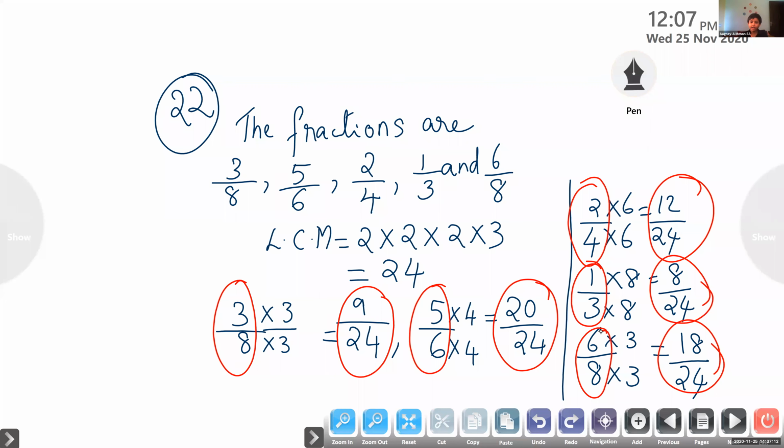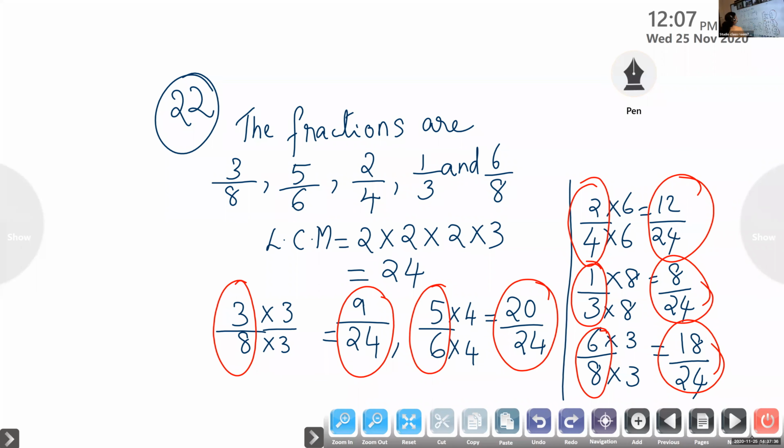Ma'am, should we write this first, 9 by 24, then 3 by 8? No. First we will start with the equivalent fractions, then we will go to the original. Okay, which numerator is big here? Descending means start from greater.